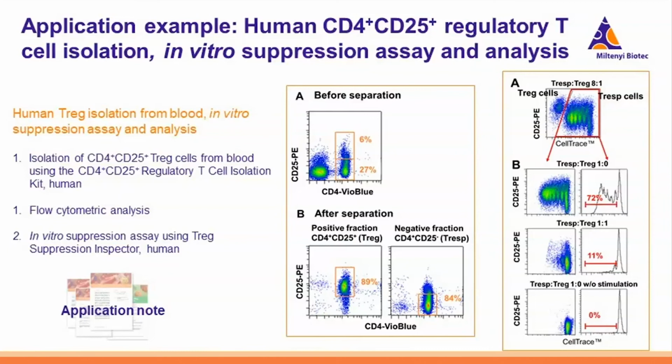Just to mention this point another time, you can use the Tregs and responder T cells from the same donor by using this kit, which is an important point for many of you. You can see in the results the absence of Tregs and presence of stimulation, responder T cells start to grow, but in the presence of Tregs here, the growth of responder T cells stops. It's the same situation in the absence of a stimulation as well.